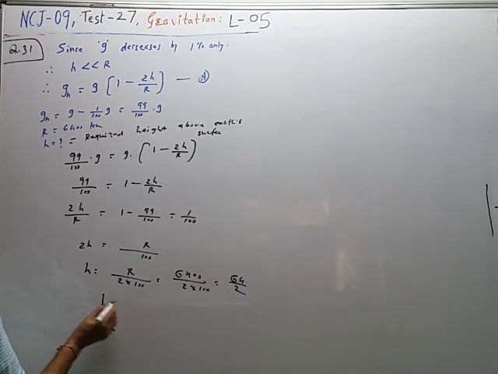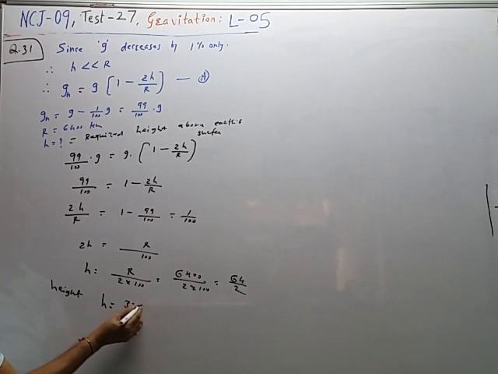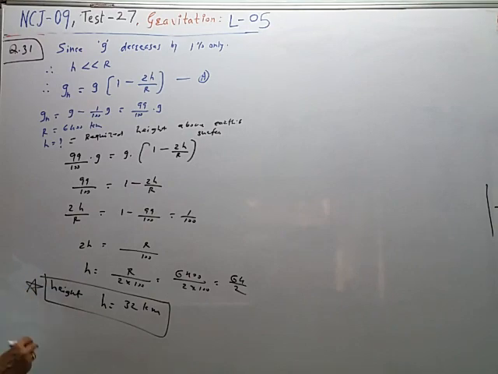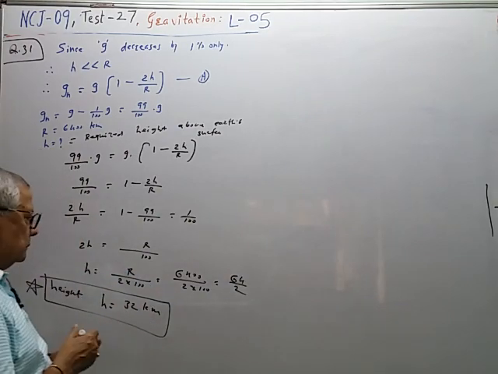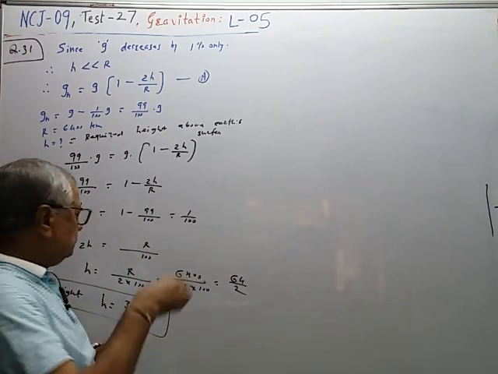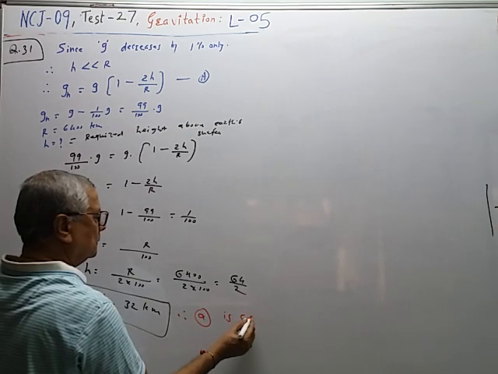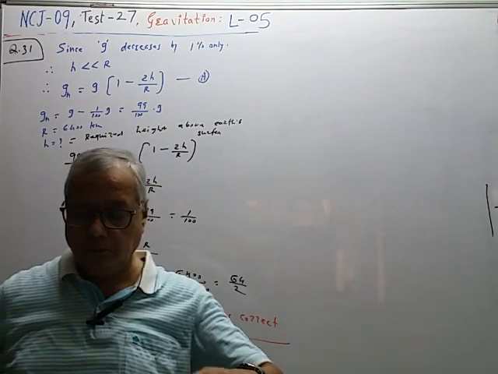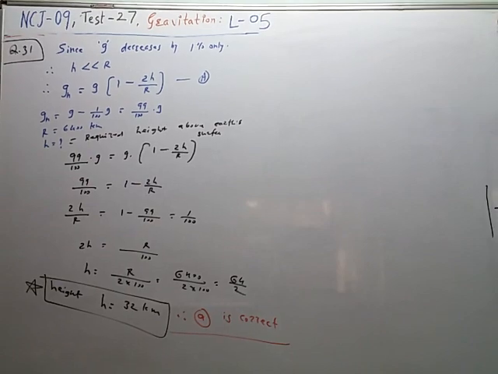Therefore, height h is equal to 32 kilometers. And therefore, choice A is correct.